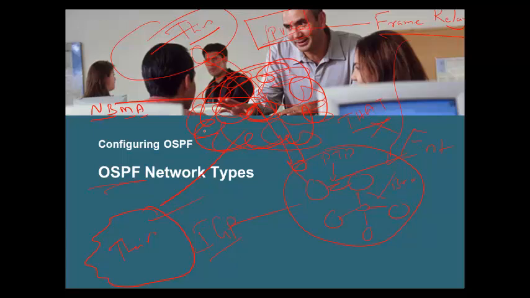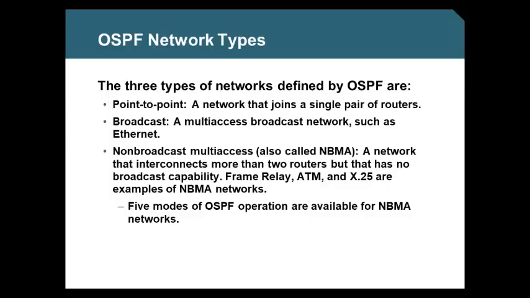That is what this page explains here. This we already saw. This also we already saw. When we had serial wire, we had the network type point-to-point. When we had Ethernet wire, we had network type broadcast.